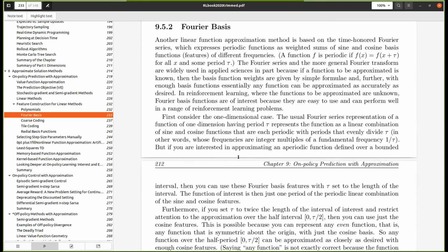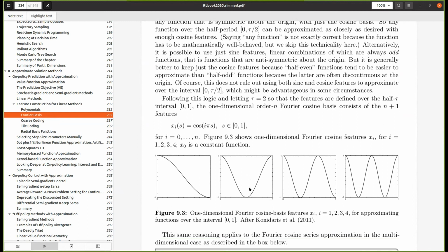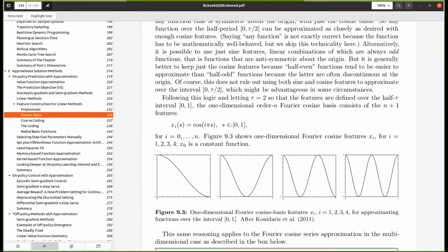In this case, we can represent our feature vector as a bunch of cosine functions with different frequencies, right?